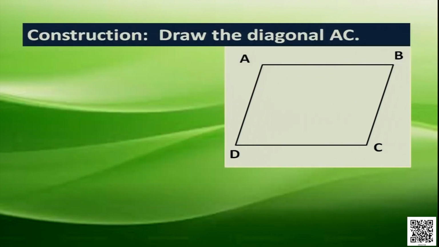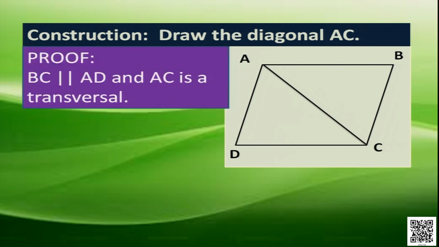Here we need a construction. What is the construction? Draw the diagonal AC. Now, after drawing the diagonal AC, as we know, we have two congruent triangles. See, let us prove it. BC is parallel to AD.